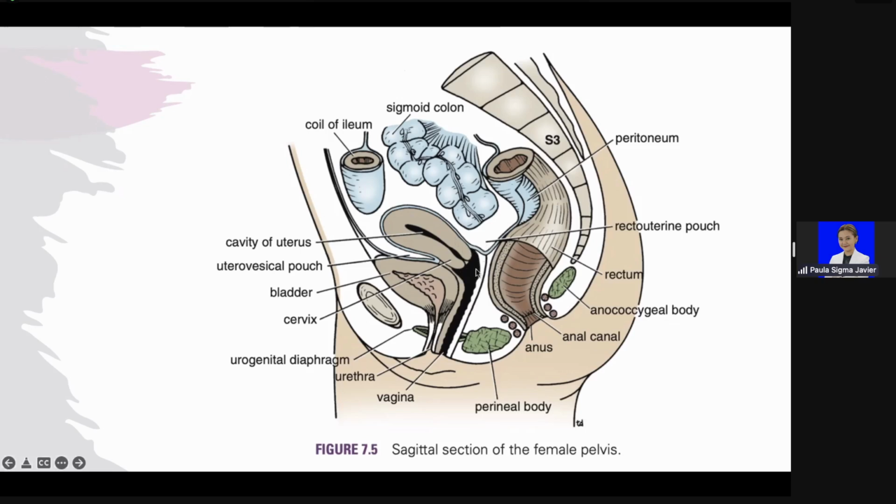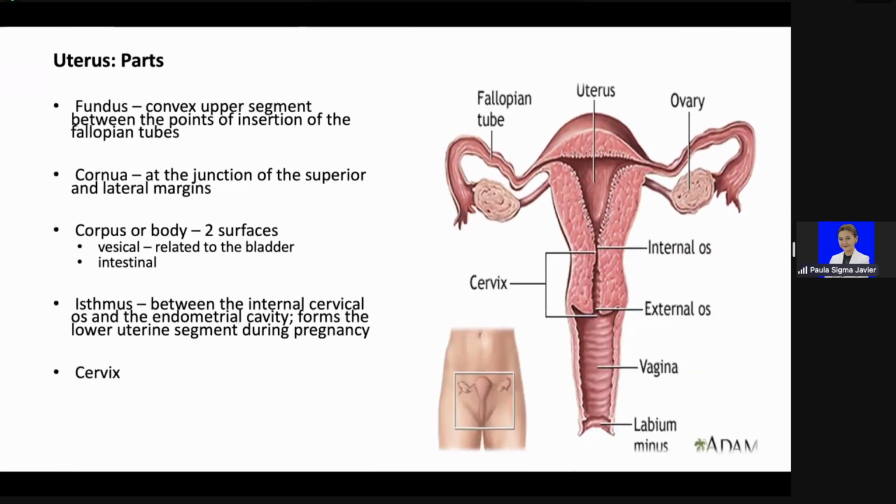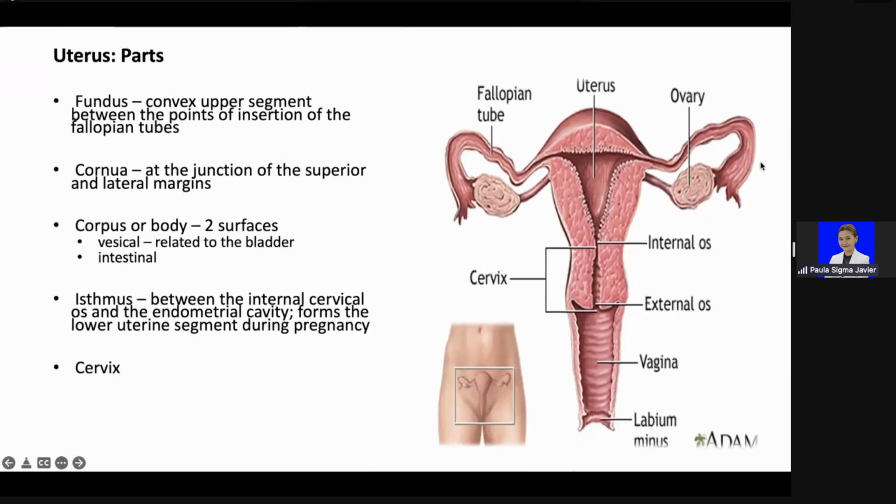Okay. And then posteriorly, we see the posterior fornix of your vagina also. Okay. So the uterus serves as a site for the reception, retention, and nutrition of the fertilized ovum. What are the parts? So here we have the fundus, the convex upper segment between the points of insertion of the fallopian tubes. So this is your fundus.